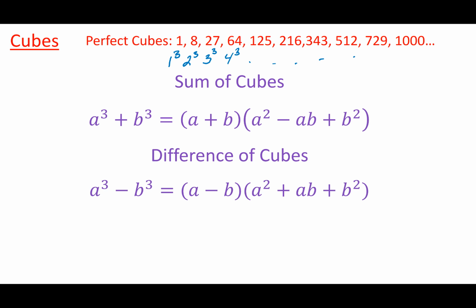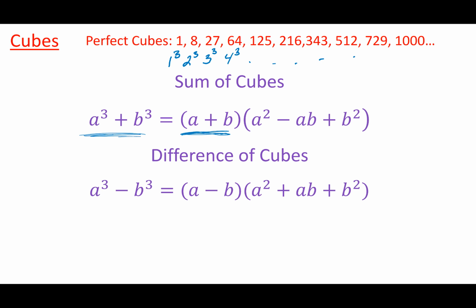We also have difference of cubes, which is a minus b in the first set of parentheses, and then a squared plus ab plus b squared. This looks like a lot, but it's not impossible to memorize by any means. Okay? If I have a sum going on, my first set of parentheses is a sum as well.